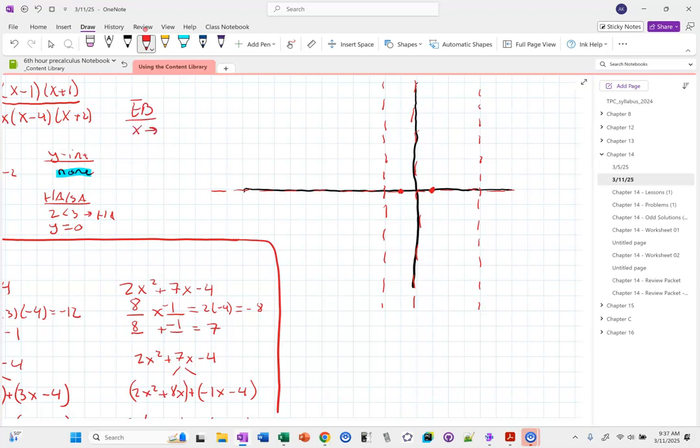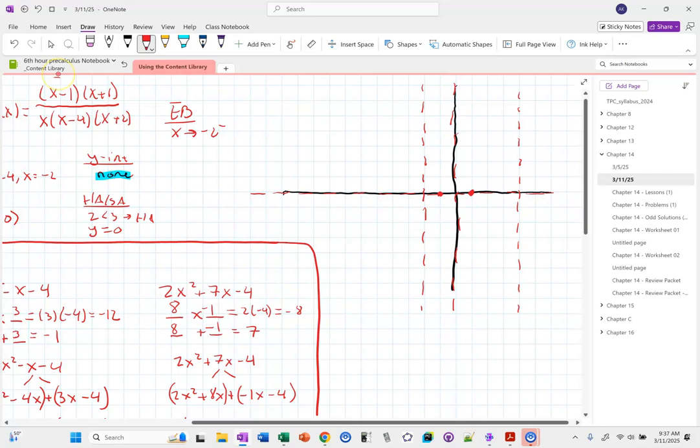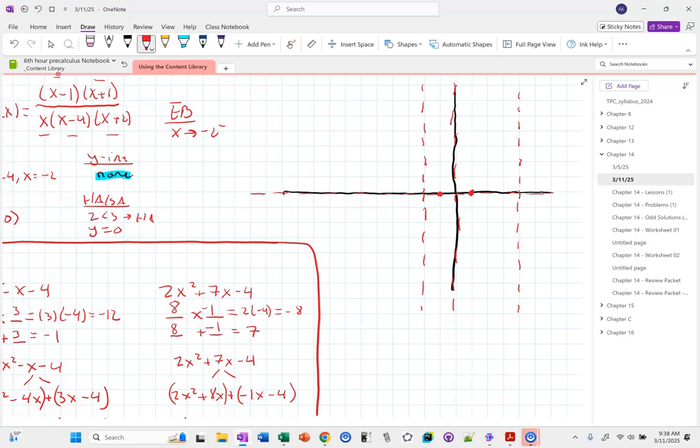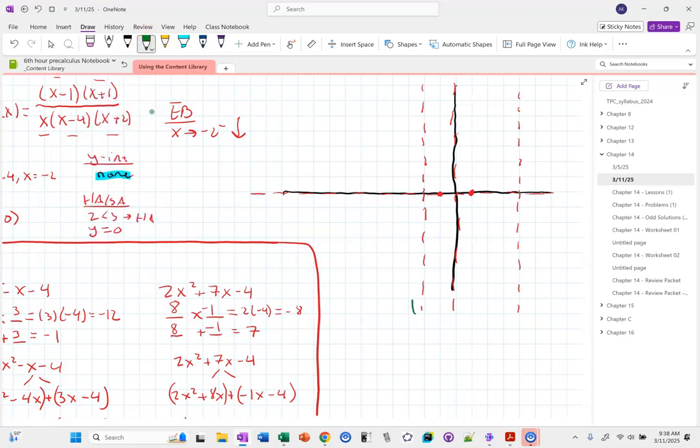We'll look at -2 from the left-hand side. If I plug in something a little less than -2, negative, negative, negative, negative, and negative. 5 negatives means it's negative. So I know that this piece is going to look like that. That's telling me this, right?